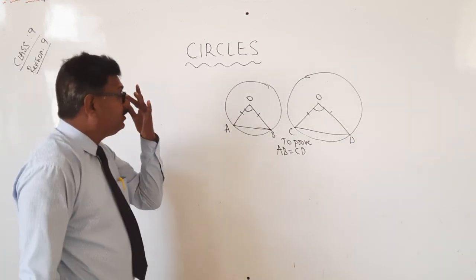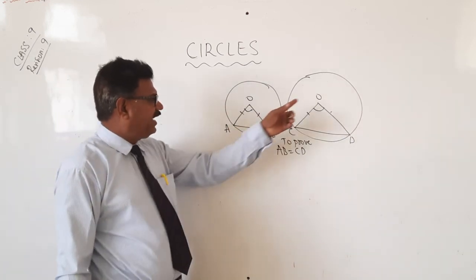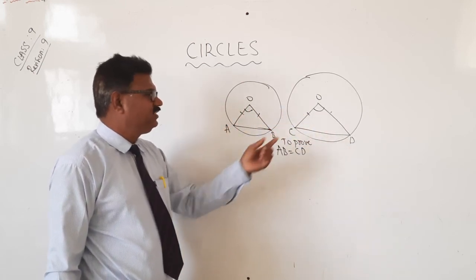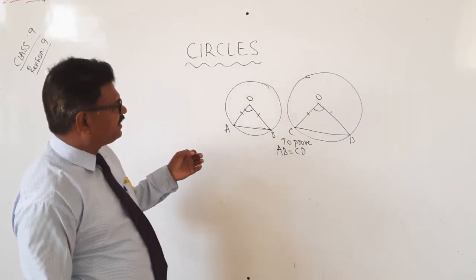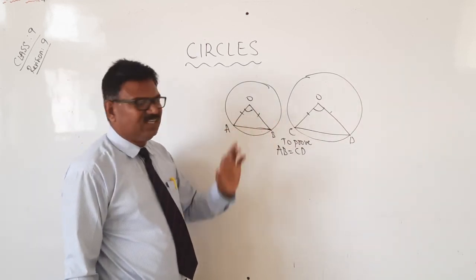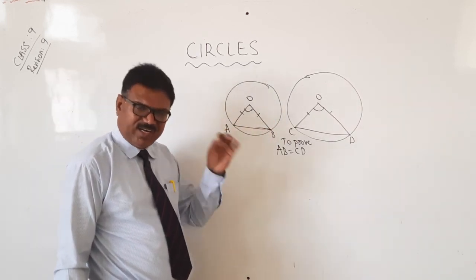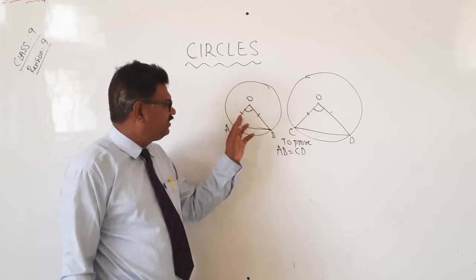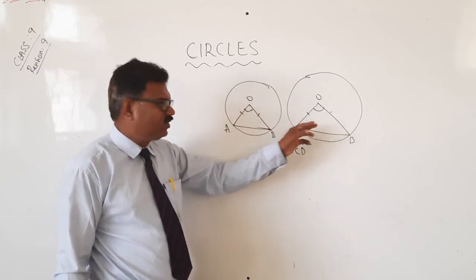Very simple. Consider triangle OAB and triangle OCD. OA equal to OC because here he has given that both circles are congruent circles. Congruent means what? The radius will be same. Radius of this will be equal to radius of this. Okay?